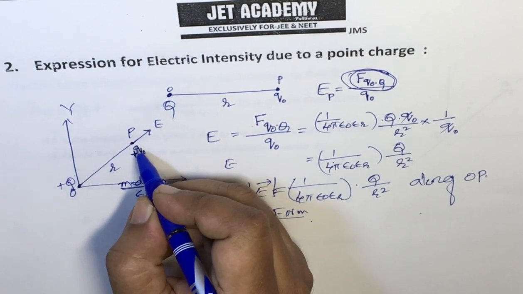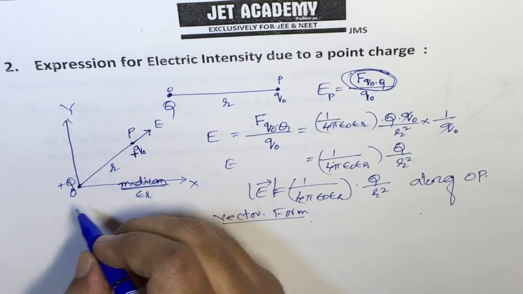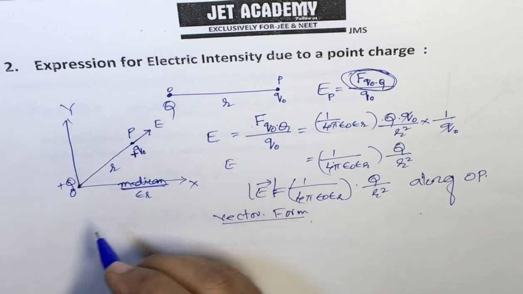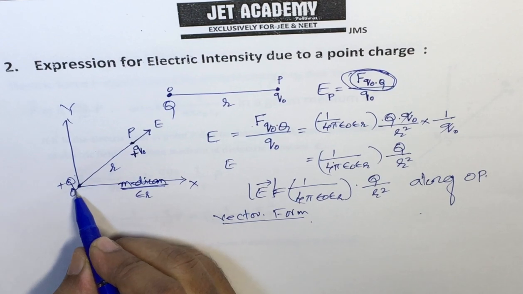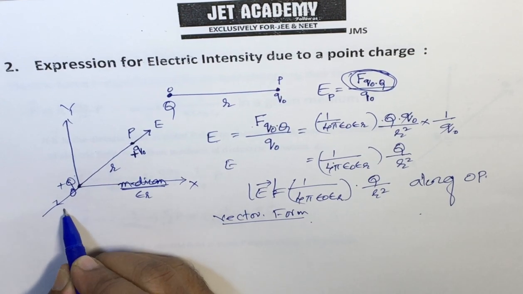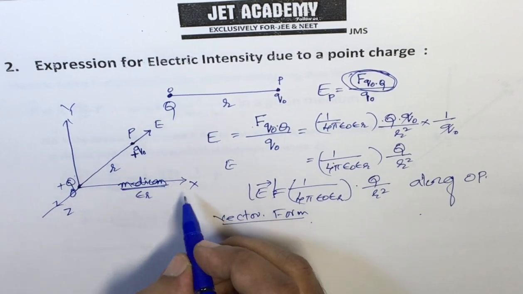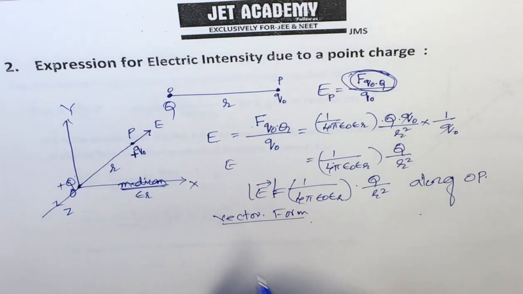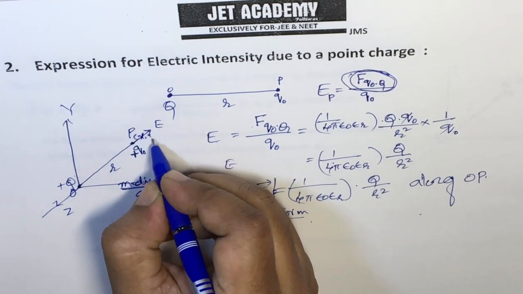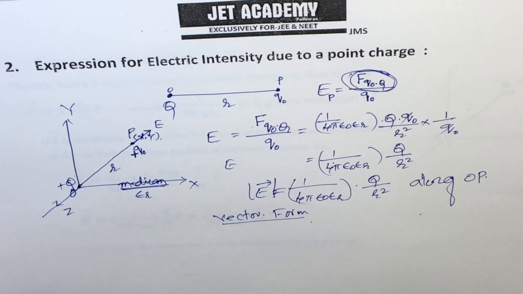The position coordinate of P is x and y, and I will take this as z. Along this is P x y, the position coordinate in two dimensions, and the charge Q is going to be present here.